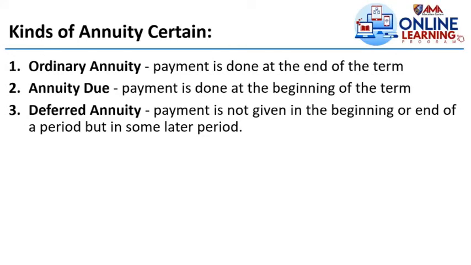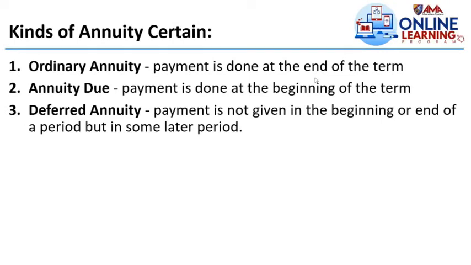Kumbaga, after 3 months or after 1 month ka pang magbabayad before mag-start yung annuity mo. So, it depends kung how many years or how many months i-delay yung payment mo or when ka magbayad.